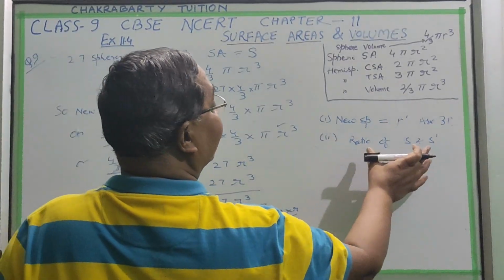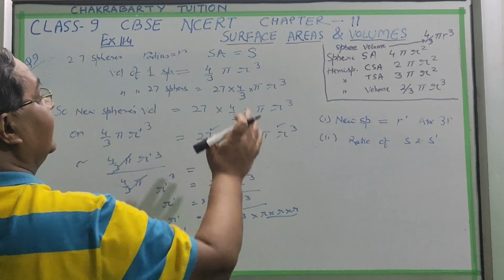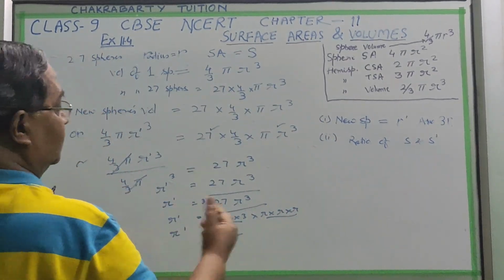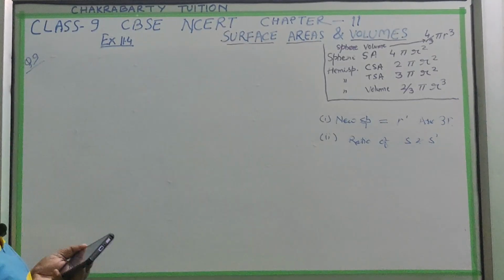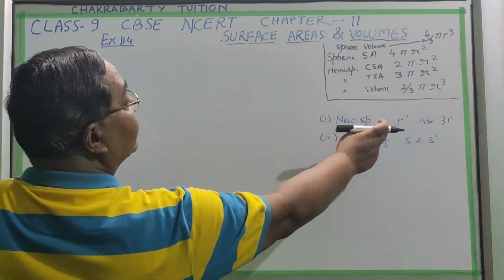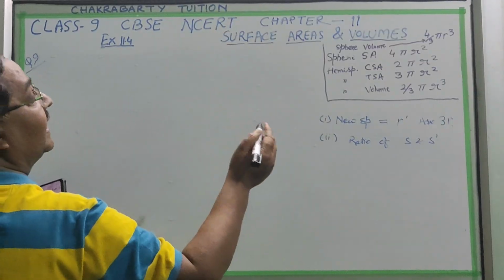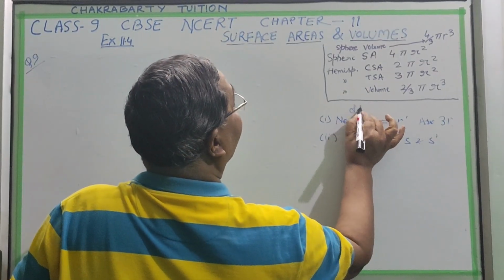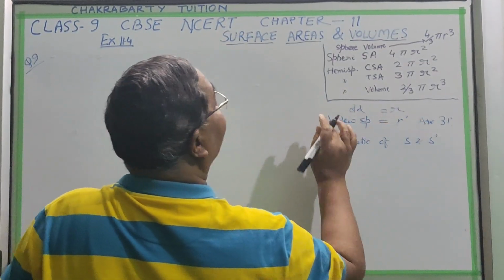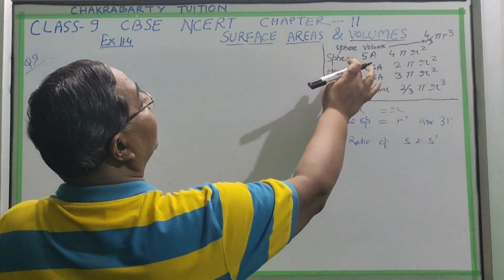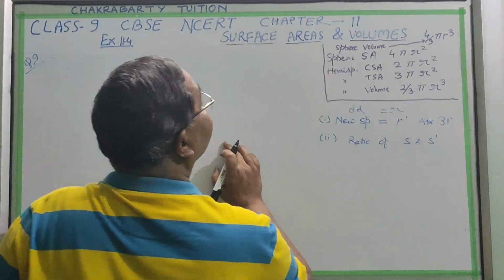Now we have to find the ratio of the old and the new. I will rub it and go to the next part of the question. Now we have the new and old. They have given the old radius, which was r. To find the ratio we have to find the surface area.